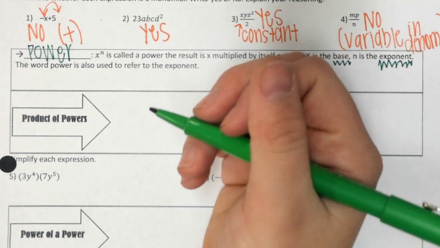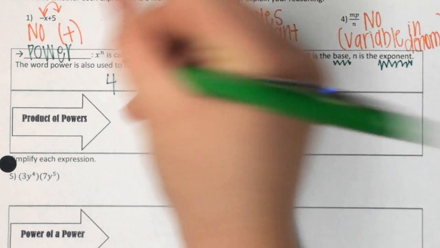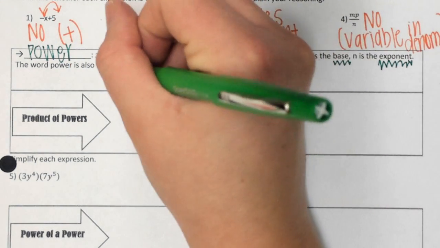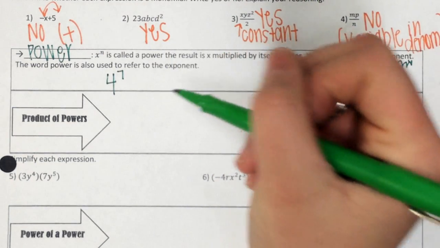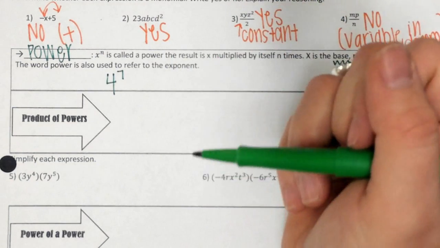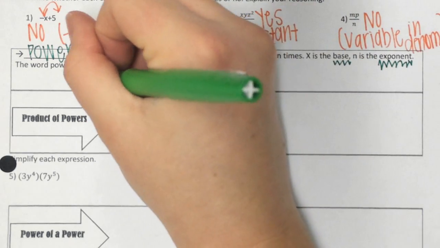So, somebody give me a number. 4. Alright, 4 raised to the 7th power. That's how you read this. So we have to multiply 4 by itself how many times? 7. So your 4 is called the what?